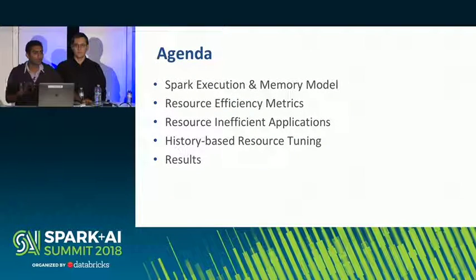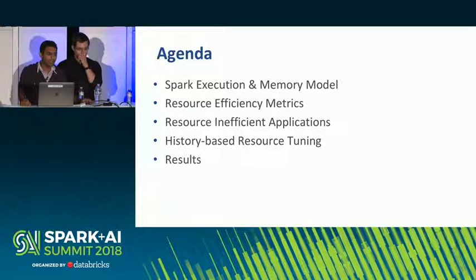As Spark is being widely adopted at Facebook, we are constantly striving to improve the efficiency, scalability, and performance of Spark. Along the same line, we embarked upon a project recently to improve the resource efficiency of our Spark jobs.